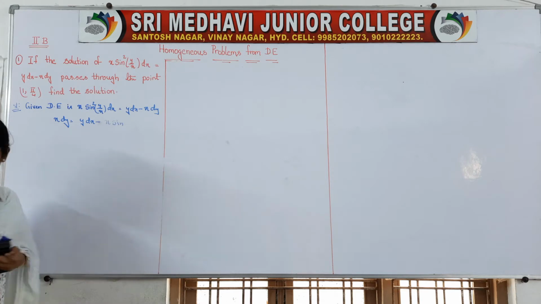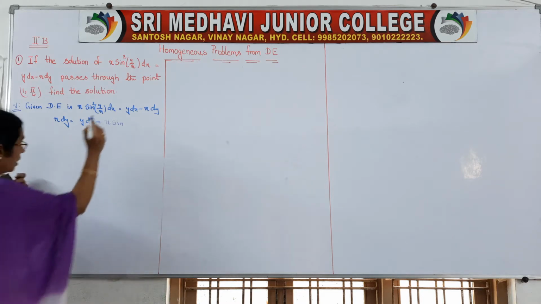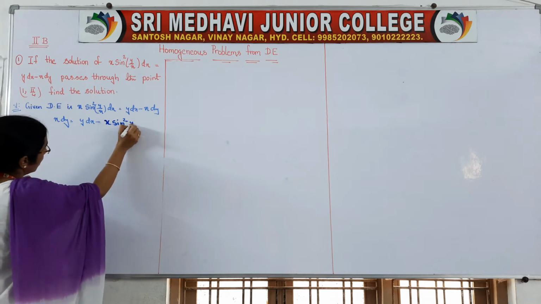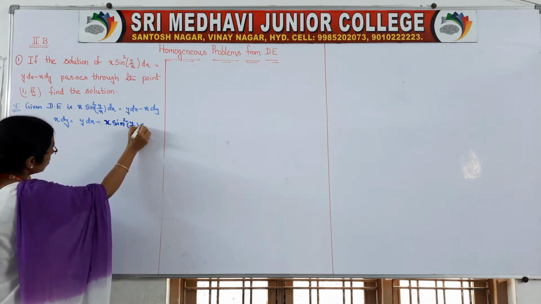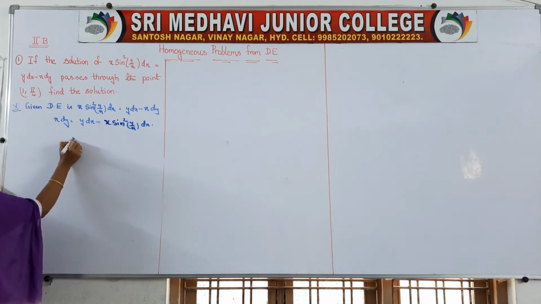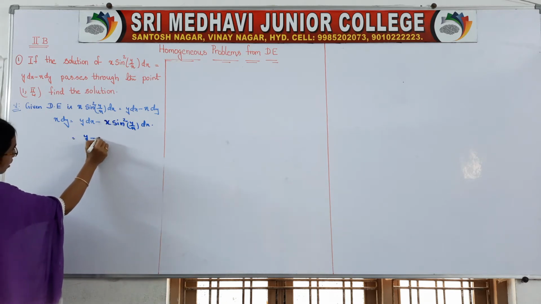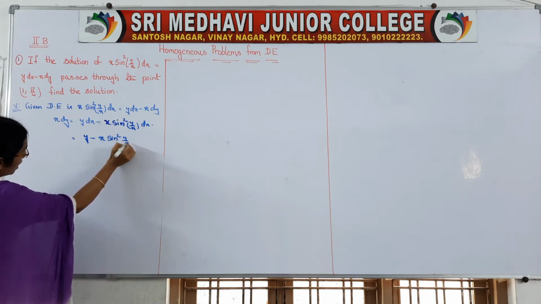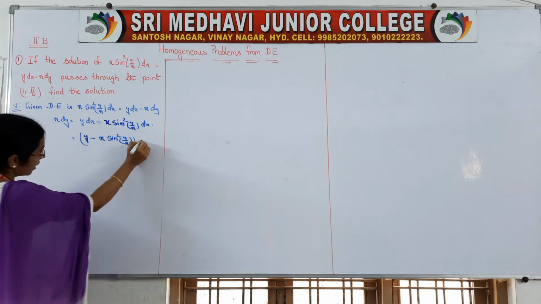x sine square y by x into dx. We can take dx common, so it is y minus x sine square y by x into dx.